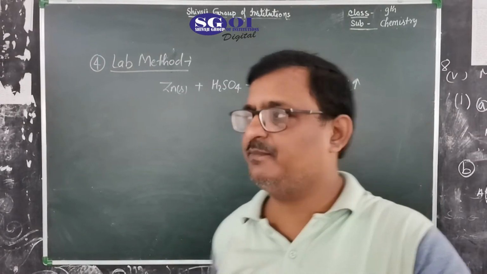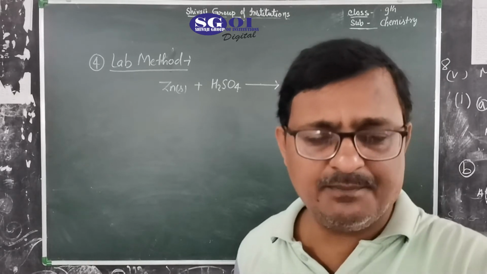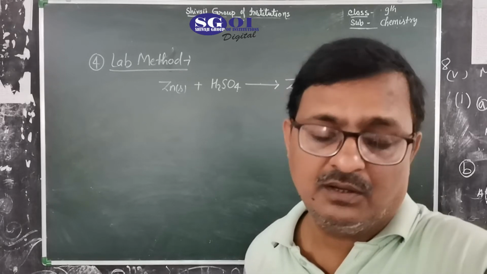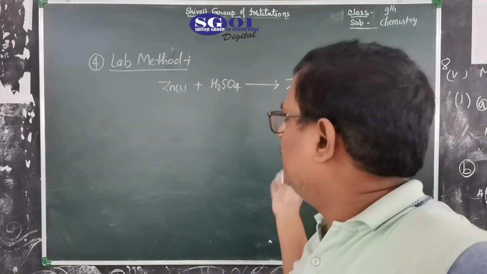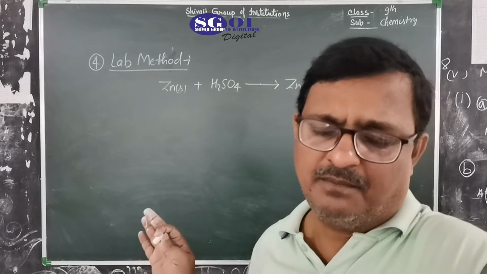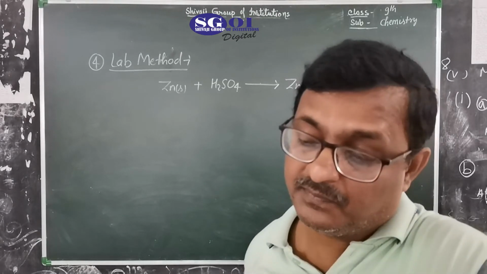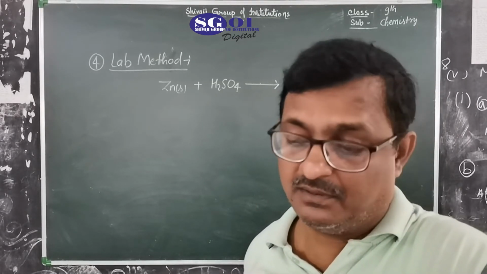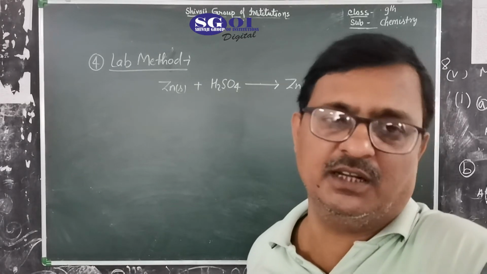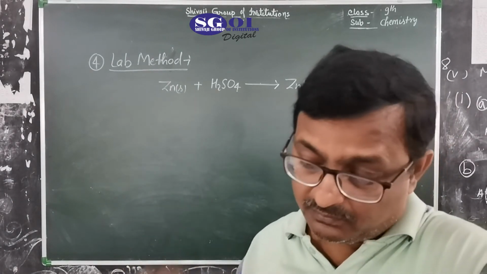First of all, you have to take a conical flask and take some pieces of zinc granules in it. Okay. Now set up the whole apparatus by which you have to prepare hydrogen gas and add dilute sulfuric acid with the help of a thistle funnel. With the help of the funnel you have to add H2SO4.